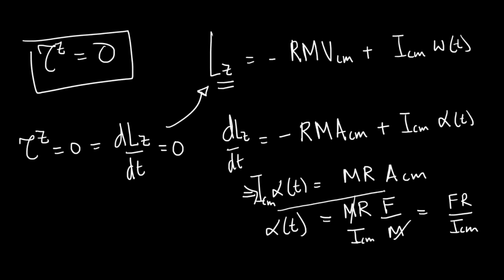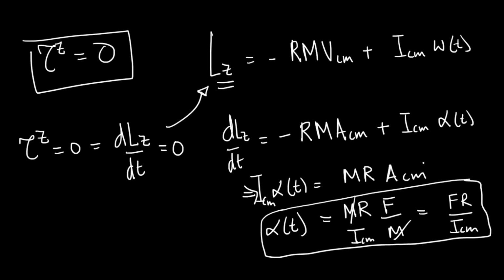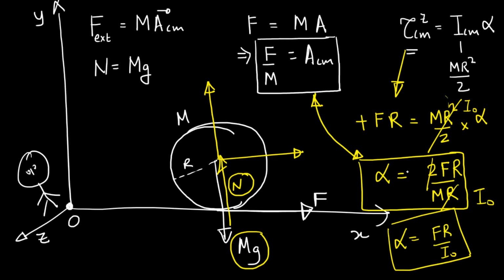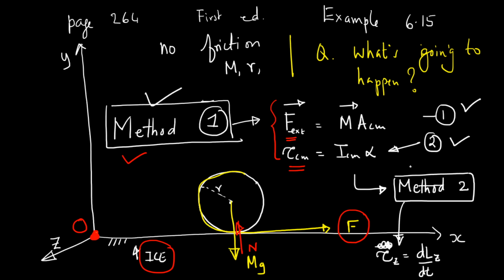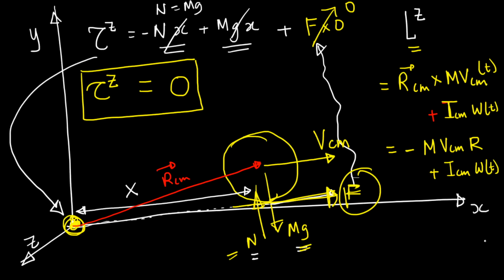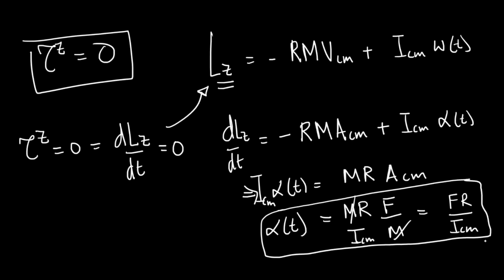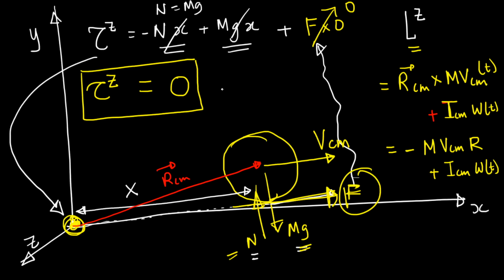And this is exactly what the author is trying to say, that the formulae you have used in the previous so-called method 1 are nothing but coming from the law, which is that tau z is dLz by dt. Just to consolidate this idea, he does method 2, where he directly uses the law and calculates tau separately and Lz separately, and then uses the law.